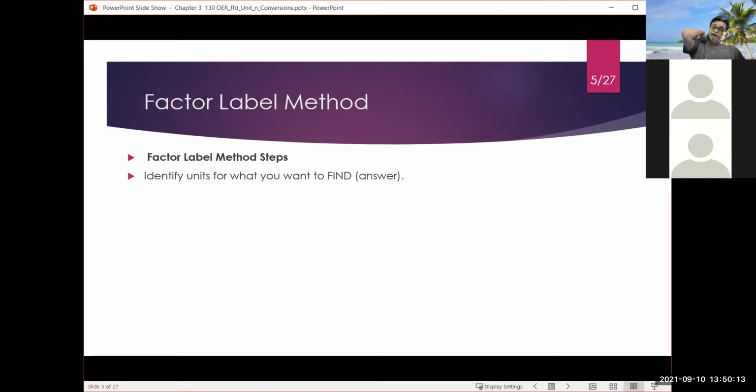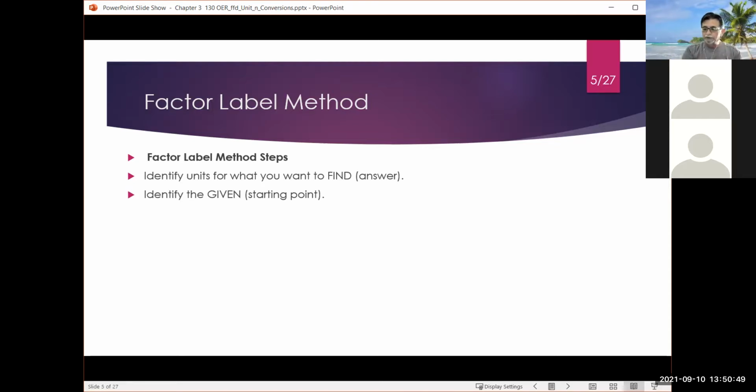Now, this is the factor label method I just talked about. Like I said, you can find it in some books called factor label. Some books call it dimensional analysis. Dr. Fred calls it keep track of your units. So we first identify the units that you're looking for. You do that because that way you know what direction you've got to go on your little trip, and you've got to know where you're going. So you identify where you're going with respect to units, because that helps you along your little trip to get there.